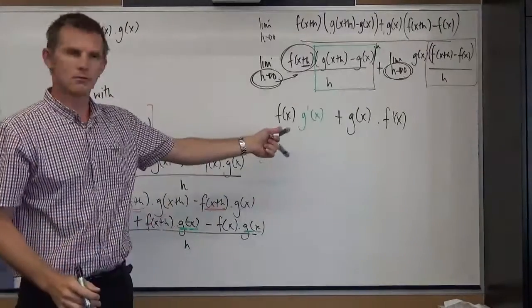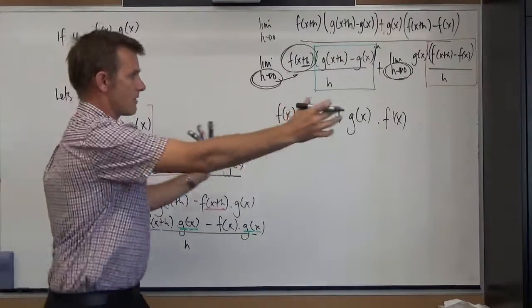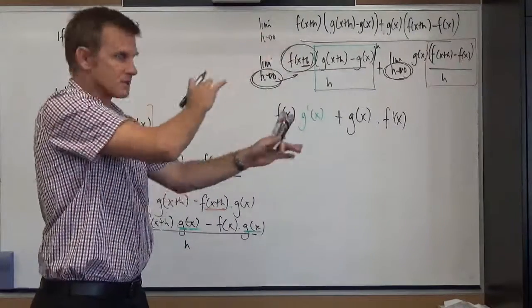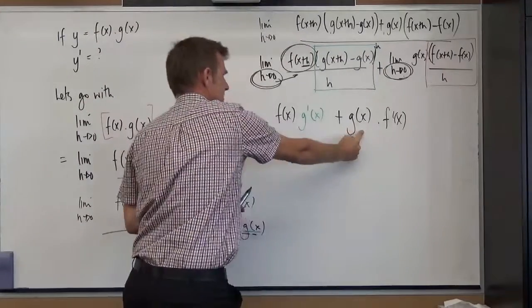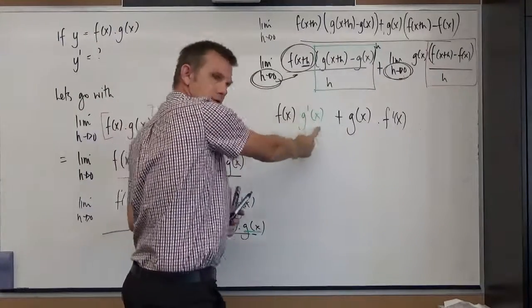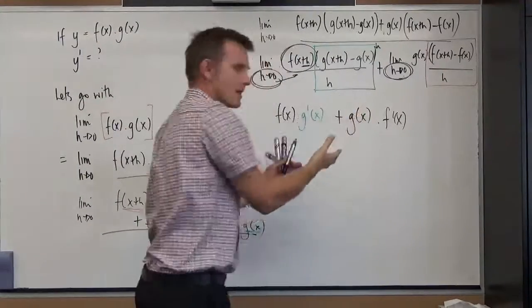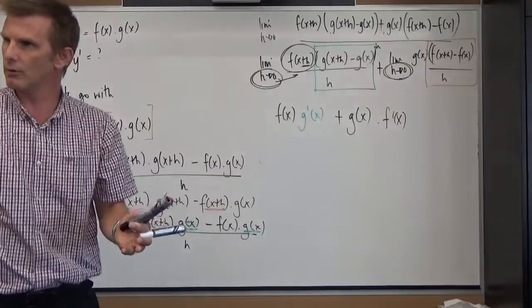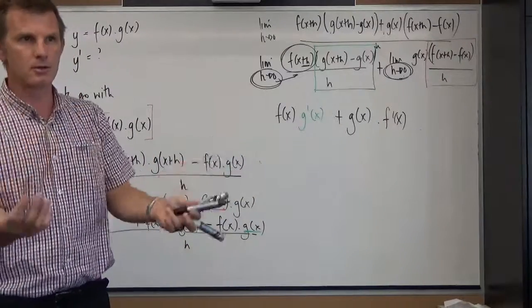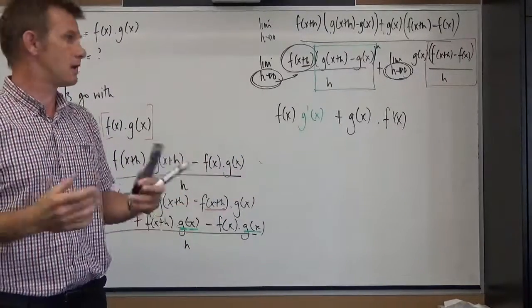And isn't that, it might be the other way around from what you might normally say, derivative of the first times the second, plus the first times the derivative of the second, but isn't that just the product rule that we were told and used and went, hey, that works in practical examples?